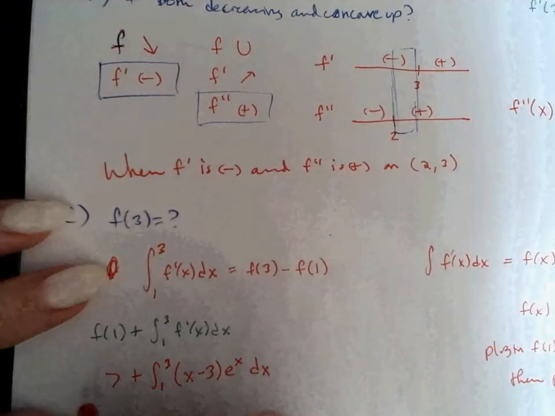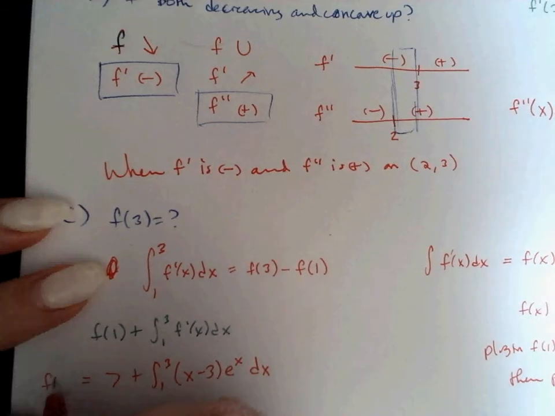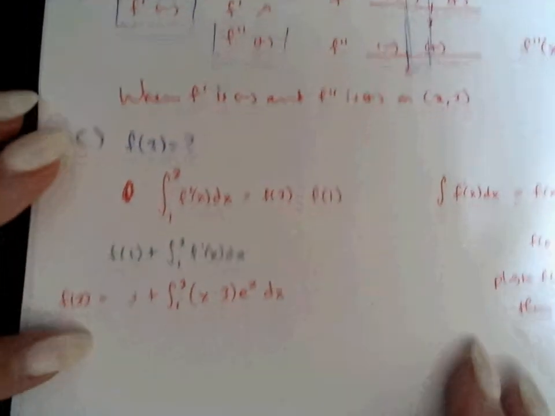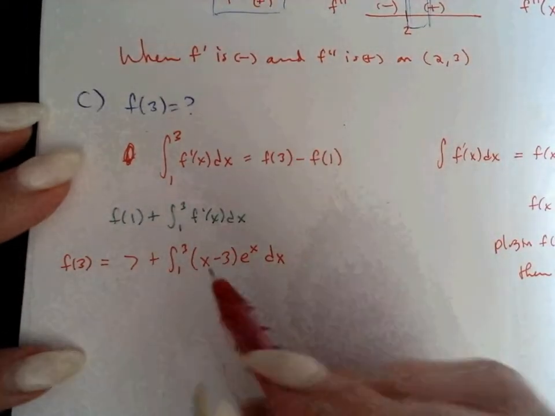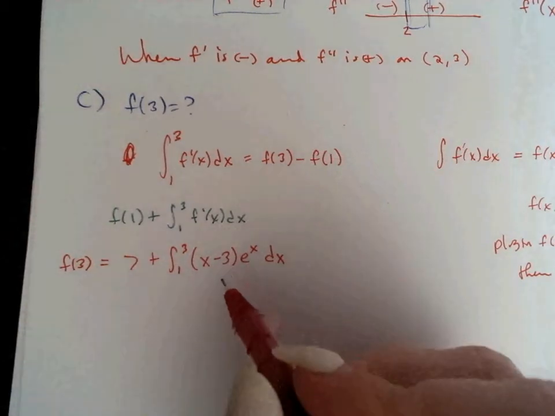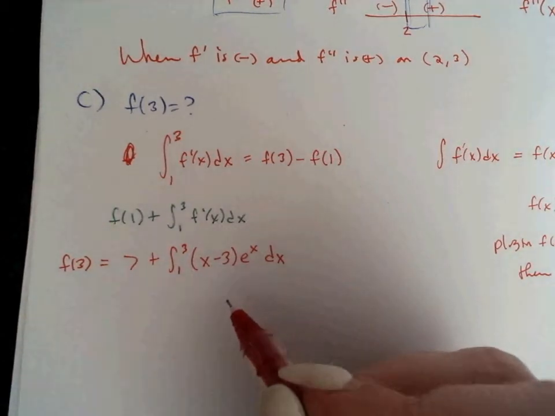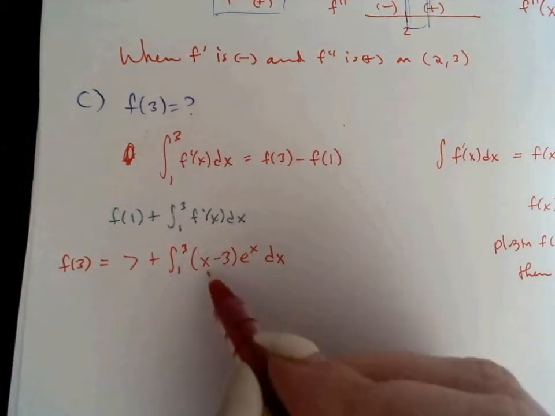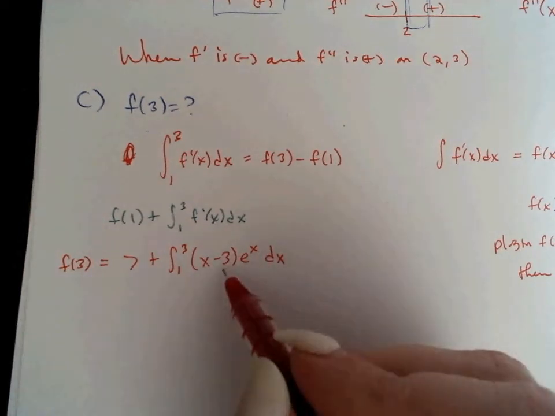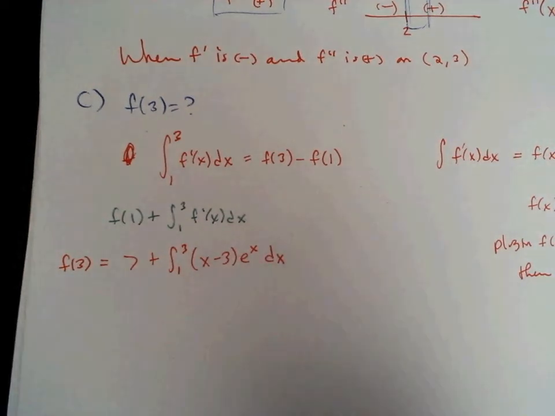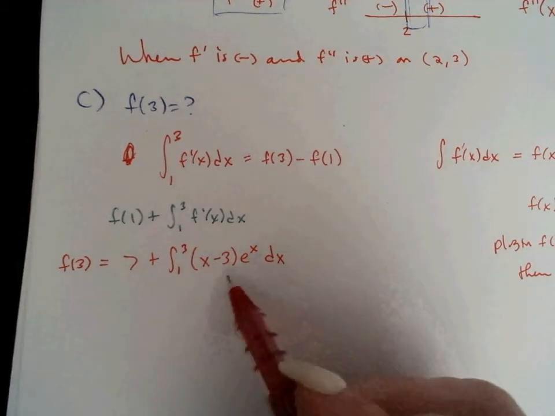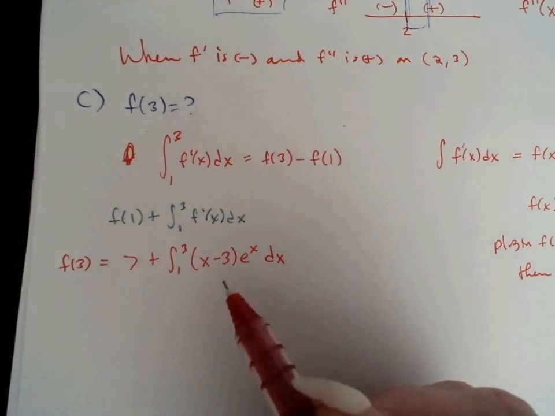And that's going to equal f of 3. So let's start working that out. The only way that I'm going to antiderive this, you could split it up and say the integral of x e to the x and then minus 3 e to the x, and then just do integration by parts with the x e to the x, but we might as well just do the whole thing at one time.